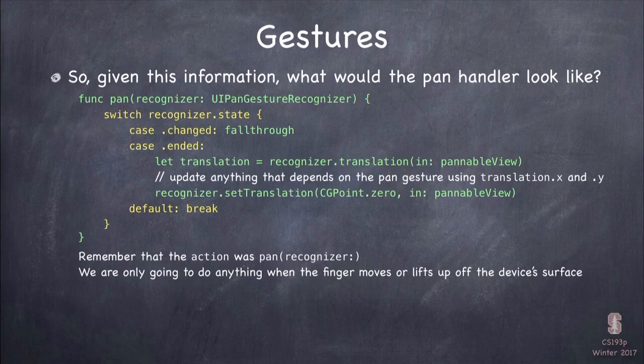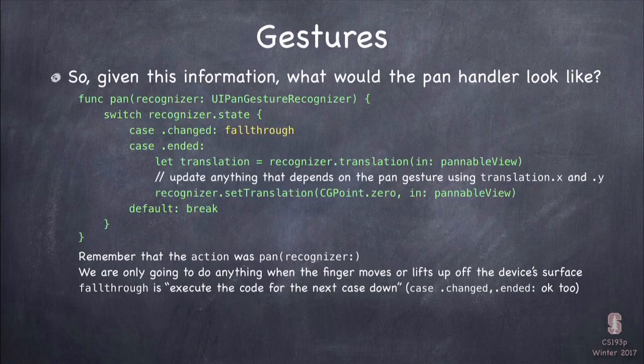You know, that's kind of the last position of the pan. I'm going to do the exact same thing. Notice, by the way, I'm using this switch fallthrough. Hopefully you got that in your reading assignment. That basically just means that you want to fall through to the next case. Because in a lot of languages that's the default, but in Swift it's not the default. You don't fall through. So fallthrough makes you fall through. It's a special keyword. You could also just say case .changed, .ended, colon. That would probably be actually better. We'll do that in the demo.